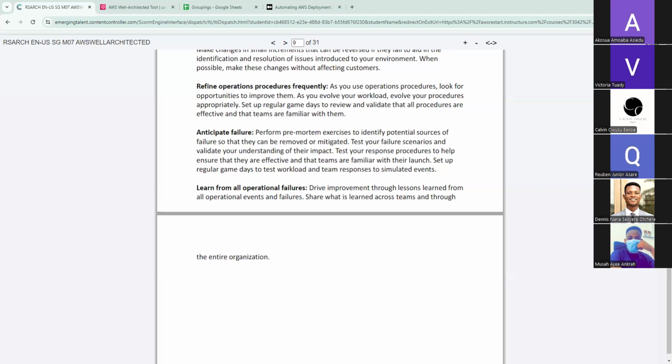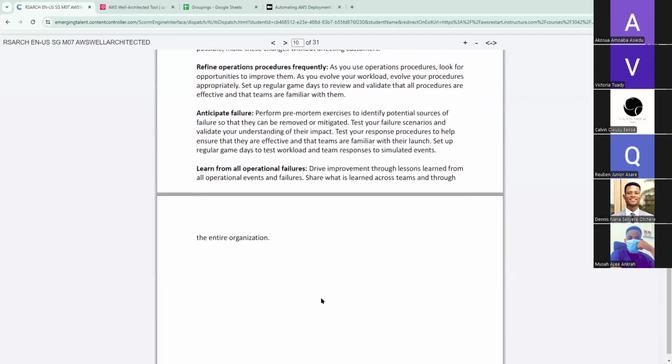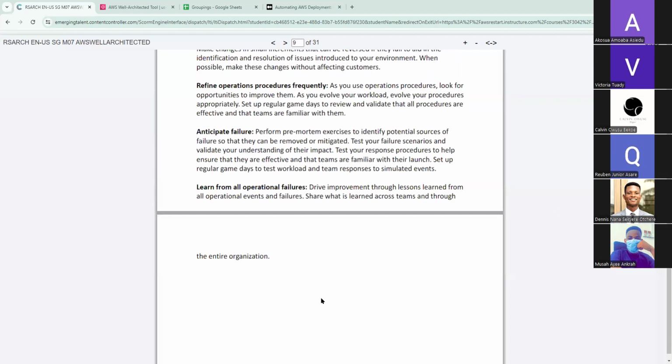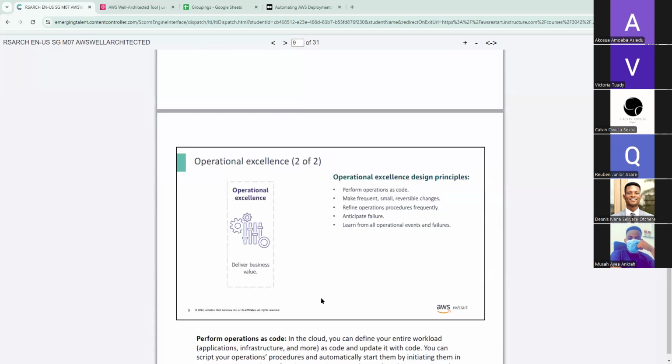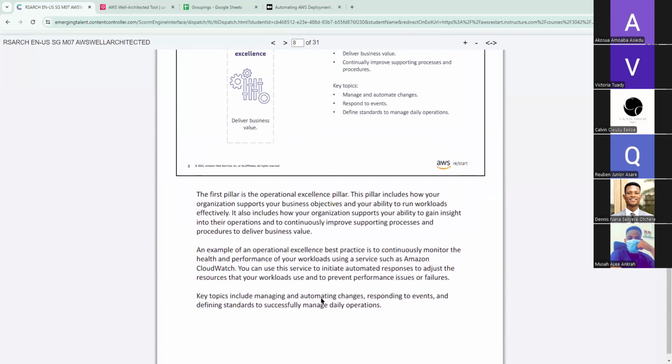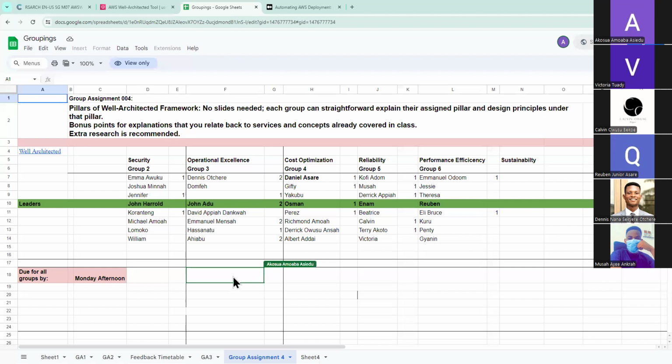On the best practices under operational excellence, I saw four: the first is organization, the second is prepare, the third is operate, and the fourth is evolve. This is not in the slides, but I found it in the AWS documentation.